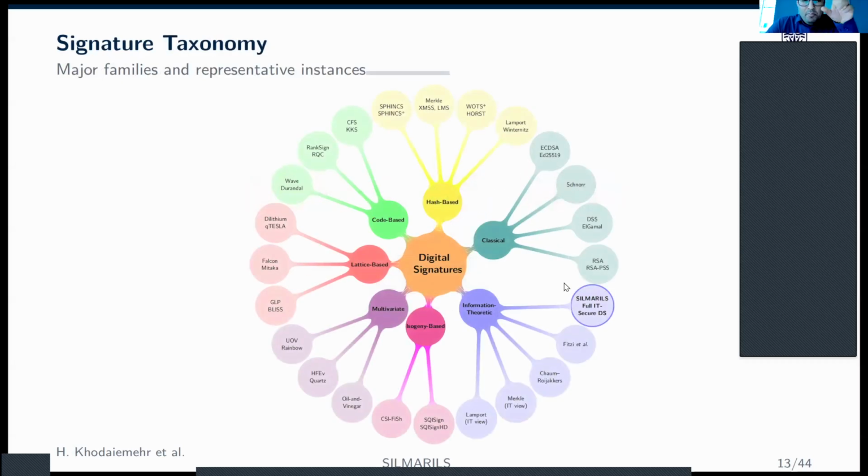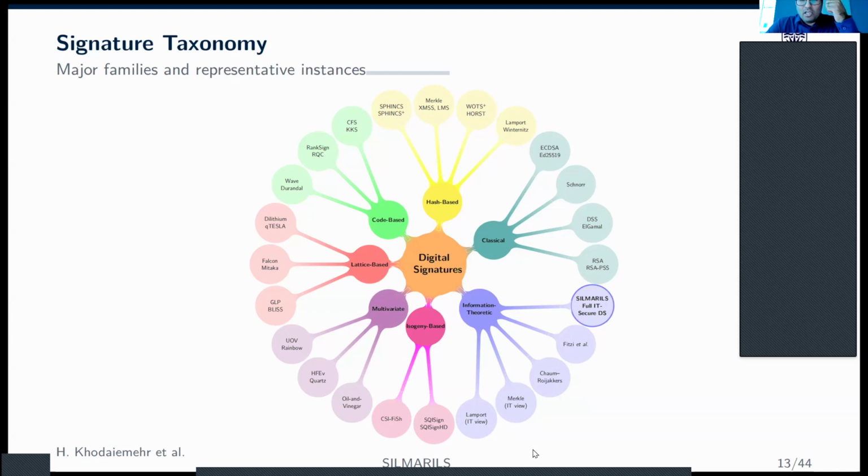In this busy mind map, you can see different families of digital signatures: lattice-based, multivariate, isogeny-based, code-based, hash-based, classical, and the information-theoretic one. You can see the Fitzi scheme sits here. But this busy mind map is really making one point: classical, PQ, MAC, designated verifier, and IT primitives solve different problems.